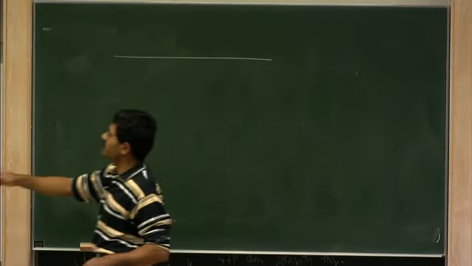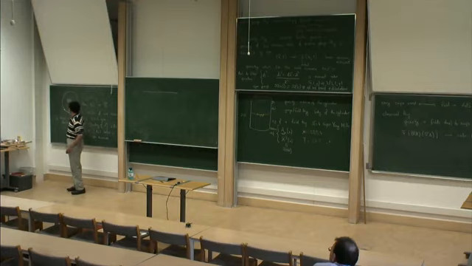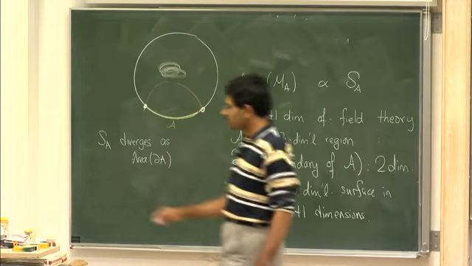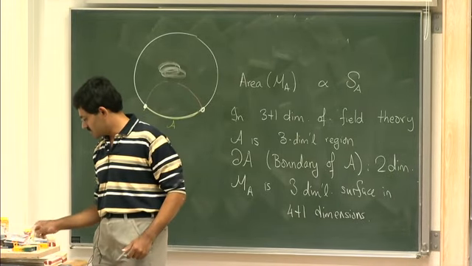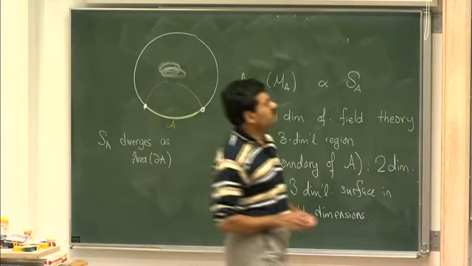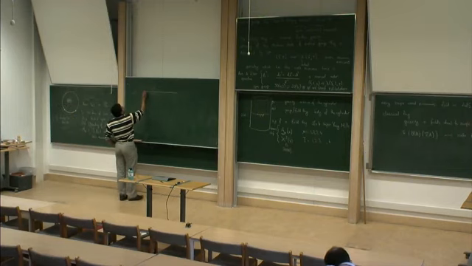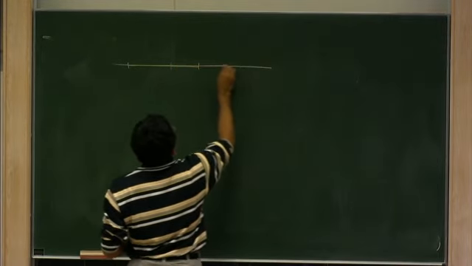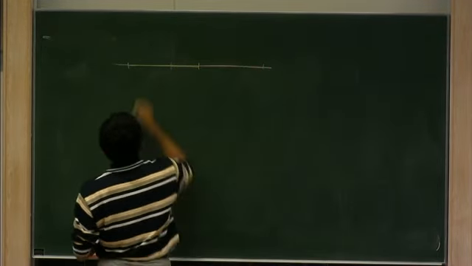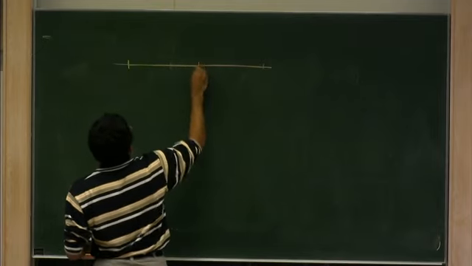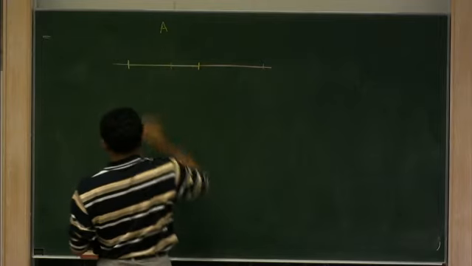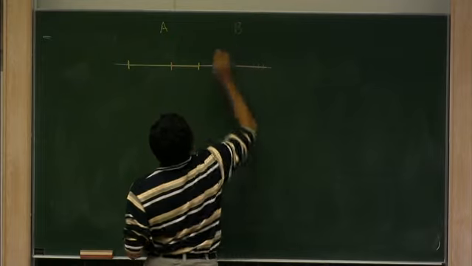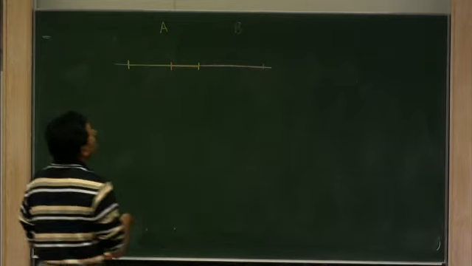So let me unwrap this circle and let's draw some regions. So let's say this is A, and of course, I have two more regions.